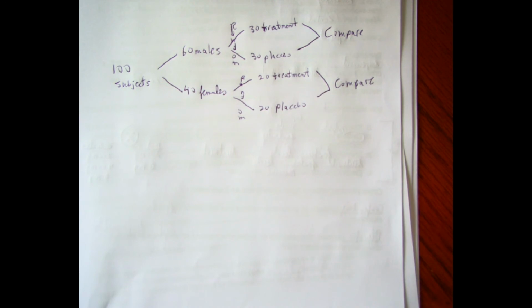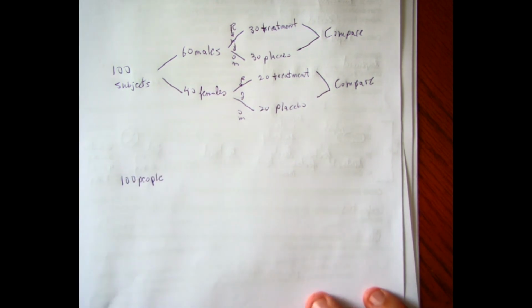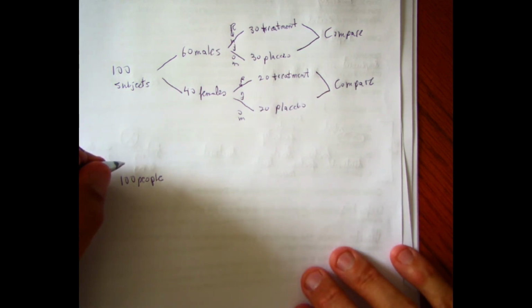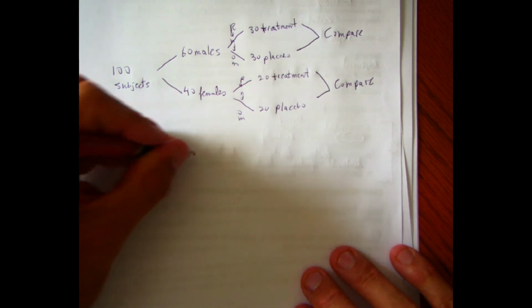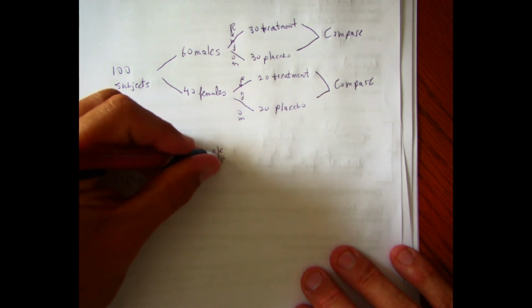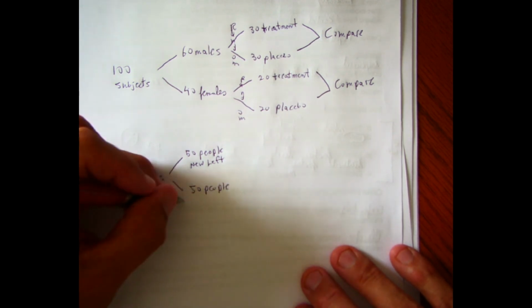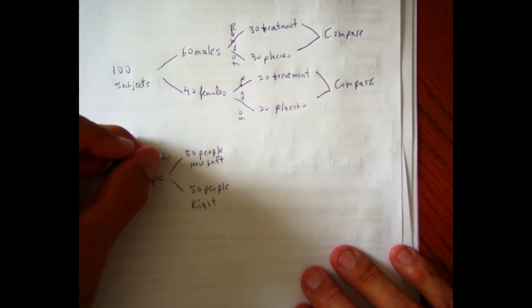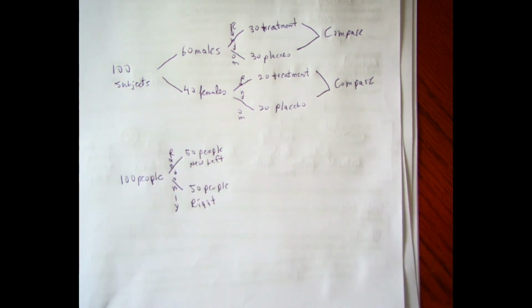Okay, so if I had 100 people, I could design this one of two ways. I can have 50 people get the new contact solution in the left eye, and then 50 people would get the new contact solution in the right eye, and I would randomly choose which person went to what group.